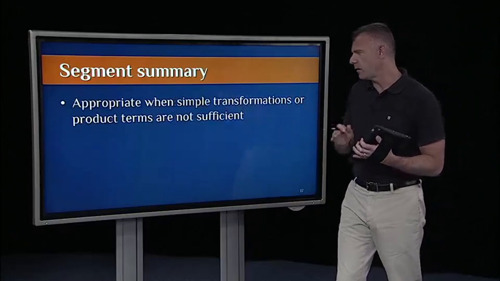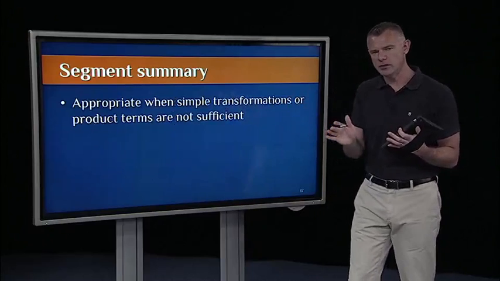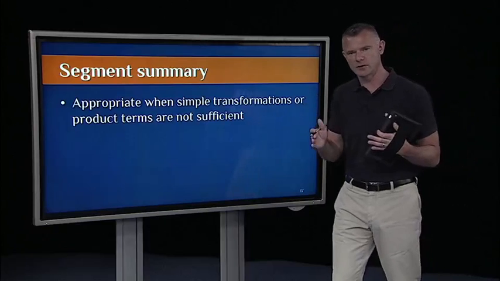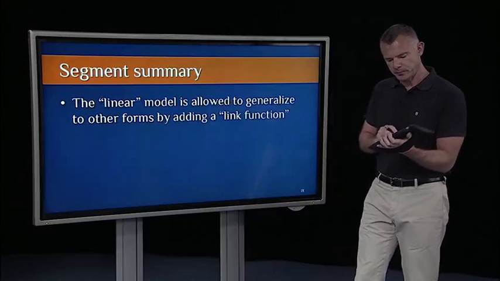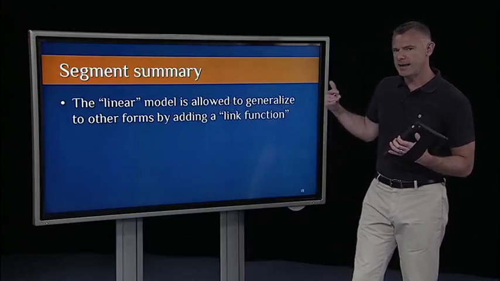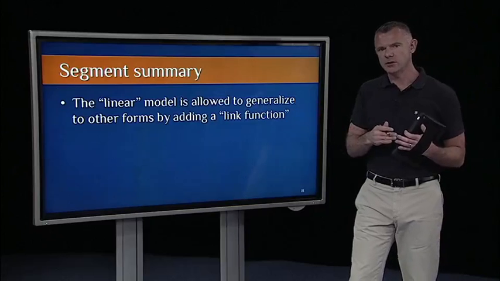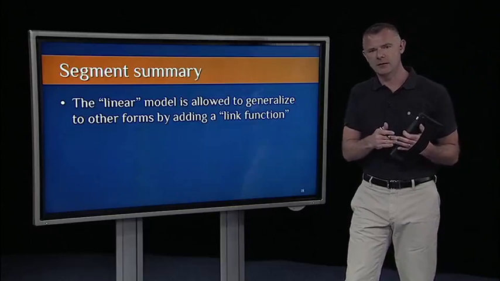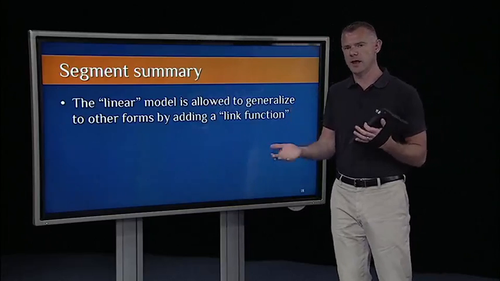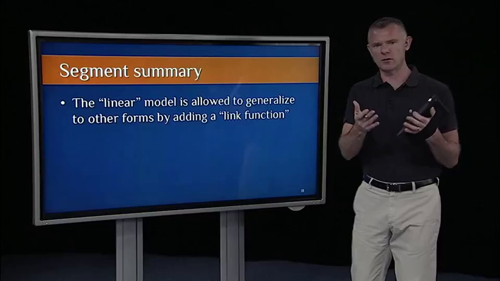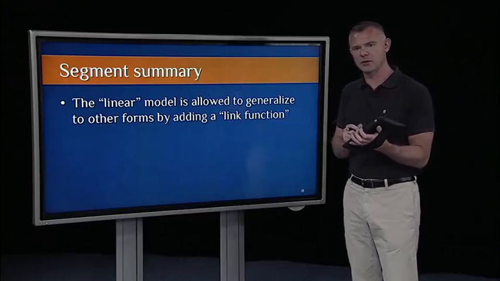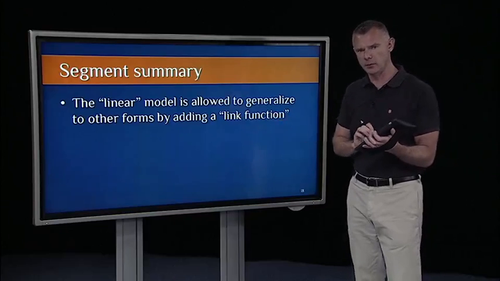It's appropriate when simple transformations don't get us past those violations of assumptions. And the key is by adding in this link function, we're able to extend the linear model to any other kind of model, logistic or any other kind of function we want, by adding this link function to the left-hand side of the regression equation.